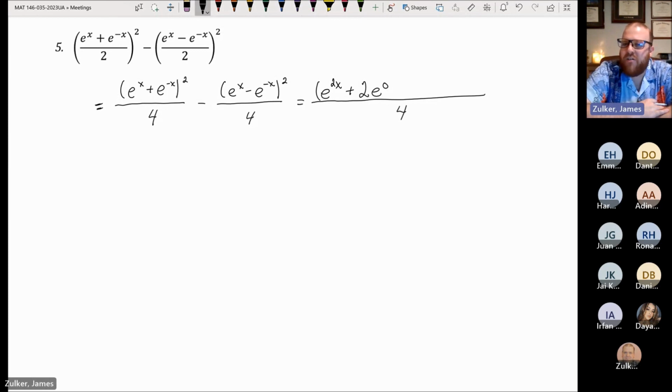What's e to the 0? Just 1. So twice the product would be 2. And then plus e to the negative 2x.